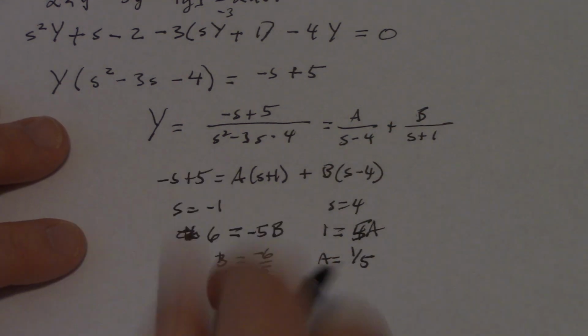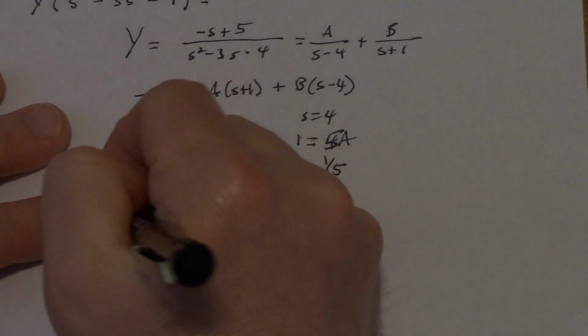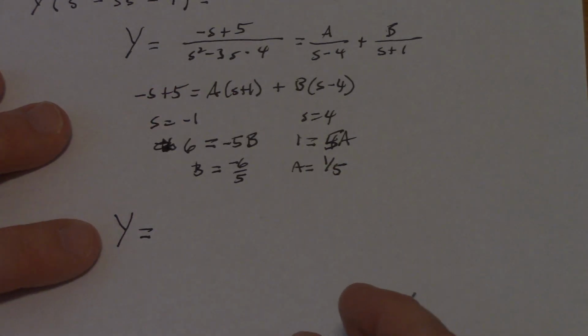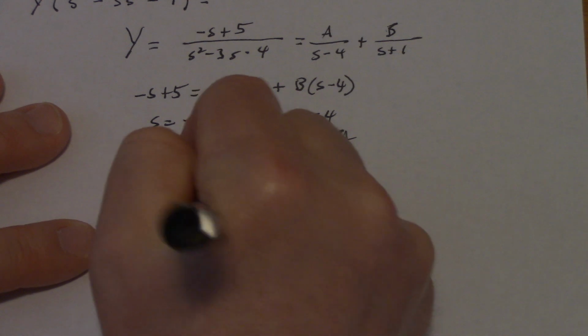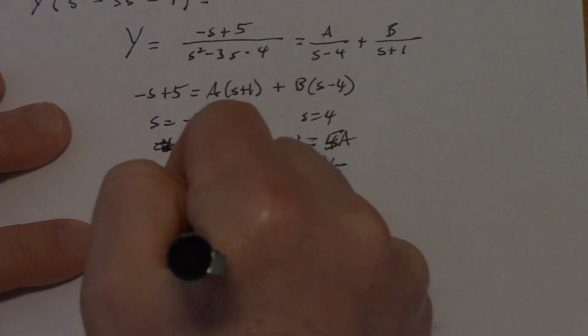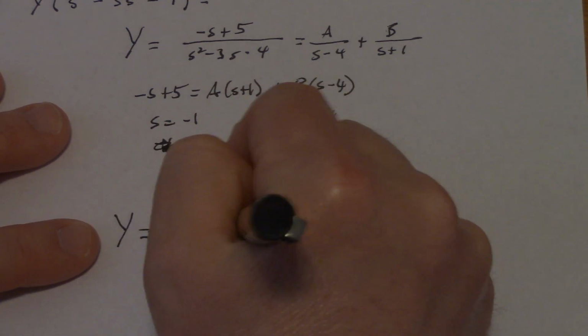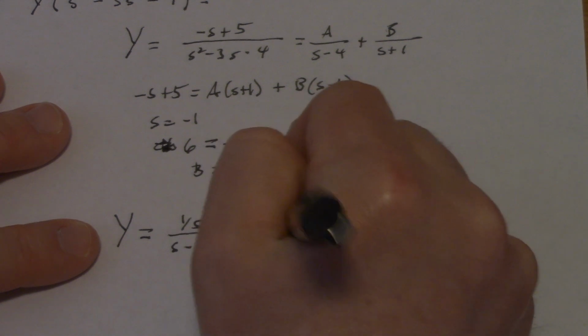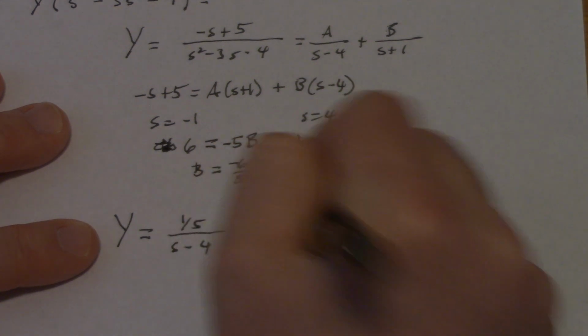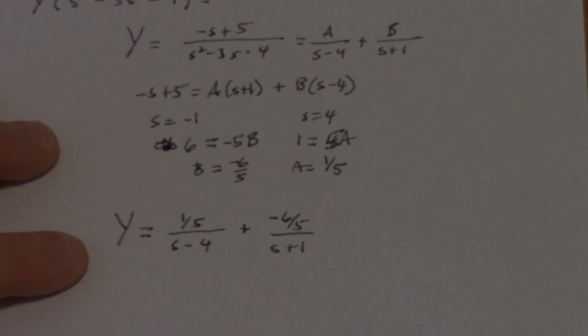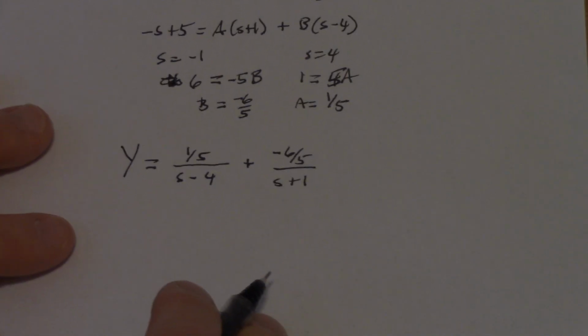Okay, so rewriting that, we get that capital Y is 1/5 over s minus 4 plus negative 6/5 over s plus 1. Alright, and then we do the inverse transform of that, and we're going to be finished.